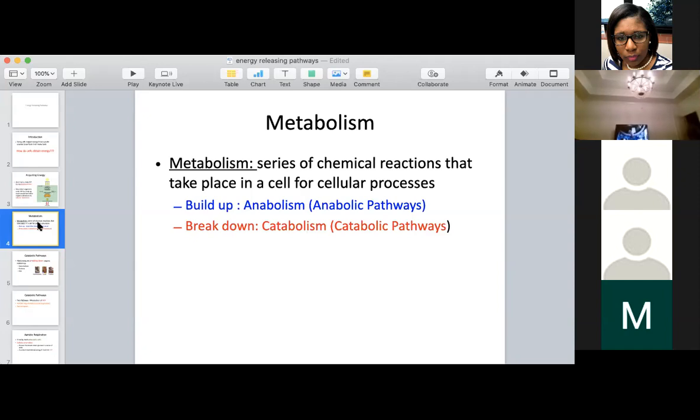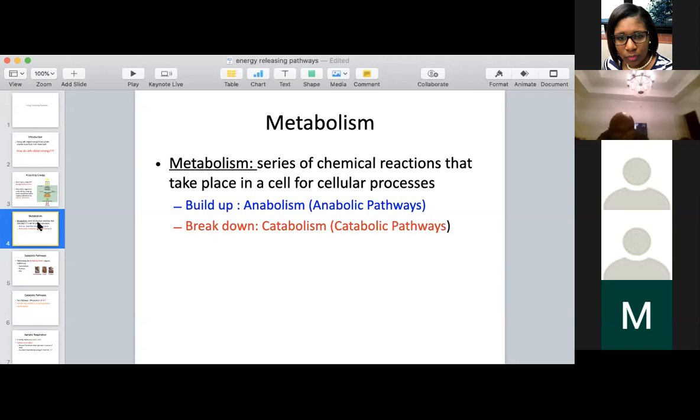In contrast, we also have those chemical reactions that break down substances, break down large molecules into smaller, more usable forms. Those types of metabolism are referred to as catabolic activity, catabolic pathways, catabolism. The series of chemical reactions that lead to the breakdown or reduction of molecules into smaller products.